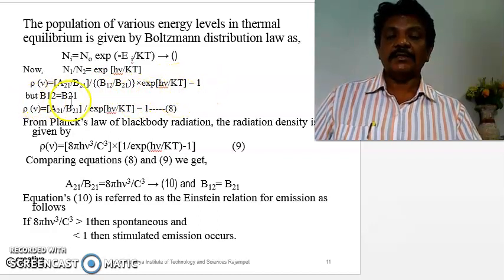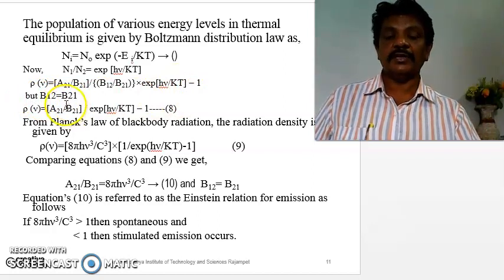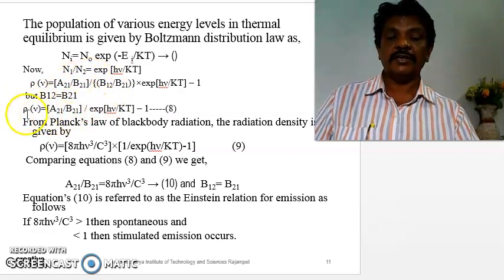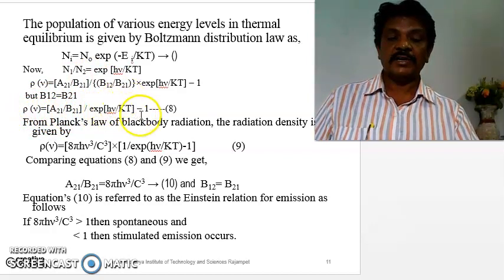Since the coefficients B12 and B21 are constants, they are taken as equal, and substituting this, we have rho nu is equal to A21 by B21 divided by exponential h nu by KT minus 1.